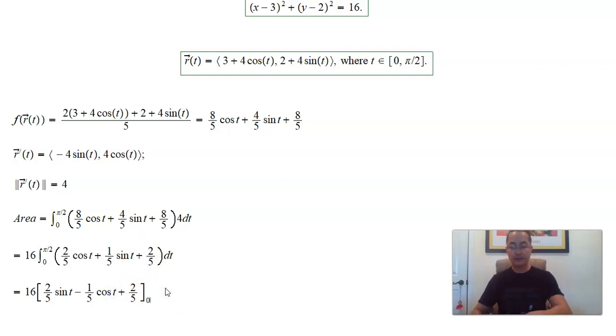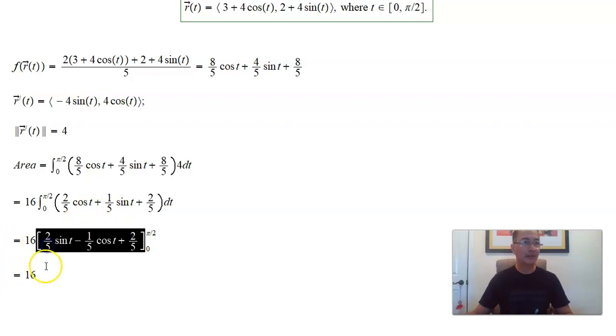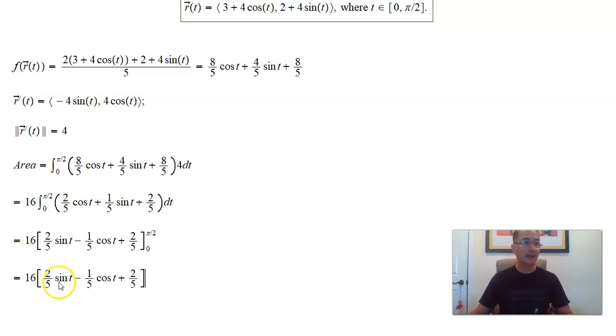Okay, t is going from 0 to pi over 2. Okay, there we go. Careful with that cosine. It's so annoying. When you plug in 0, you're going to get 1, not 0. Okay, so 1 at a time.